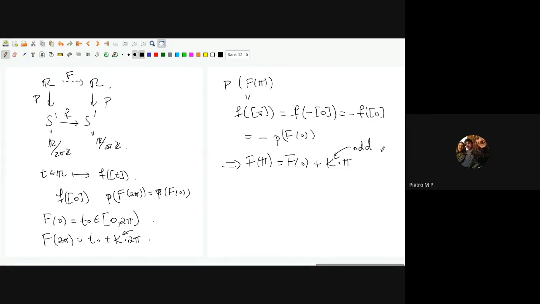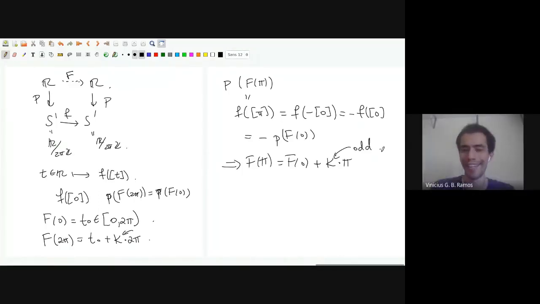Okay, yes, you're right. It makes sense. I wasn't paying much attention that it was only pi, not 2 pi. Yeah, exactly. That's the point. It's pi. But now, once you have this equation, you can apply it twice, for pi and then for 2 pi, and then you actually get this equation.